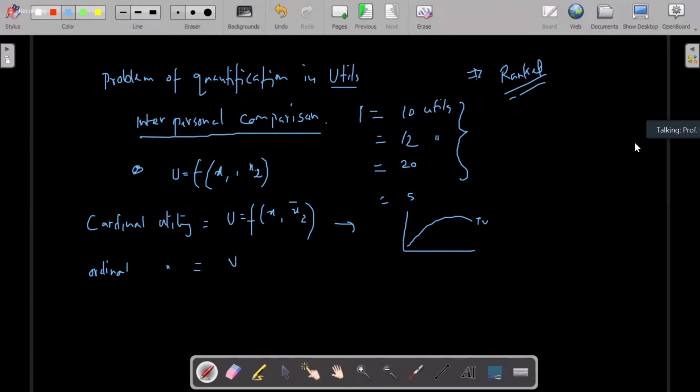We say that utility should be constant, and because we have two-dimensional space, both x1 and x2 could be variable, and U is constant. So we can make some combination of x1 and x2 so that we get the same level of satisfaction. That means our utility is the same for the combination.